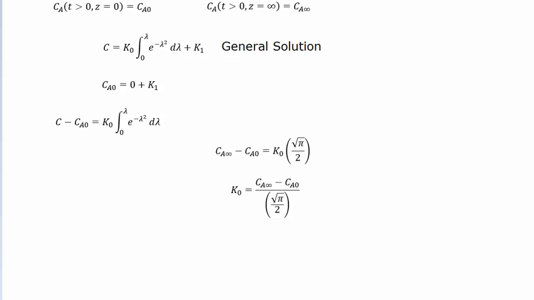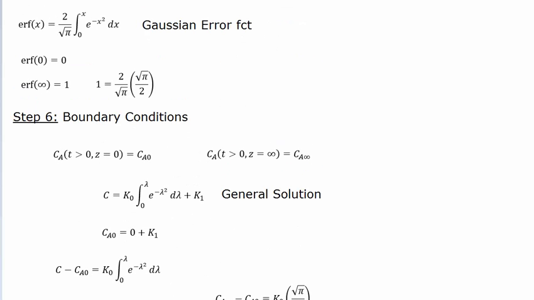So again, updating our general solution with both the constants, we get something that looks like this. This isn't the most useful form of the equation, so what I'm instead going to do is move all the concentration terms on the left and this on the right. So now you should see, okay, we have that 2 over the square root of pi.